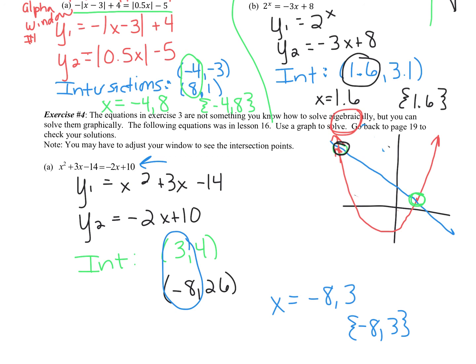If I look for this problem, I see that it's exercise 2, letter C, okay, on page 19. And yes, I did solving algebraically. I got the answers 3 and negative 8. That was a pretty easy one to do algebraically, so I'd probably still do it algebraically, but a quick graph, right, without any work, just kind of looking at it, you can see that, oh yeah, it makes sense that 3 and negative 8 would be my answers.